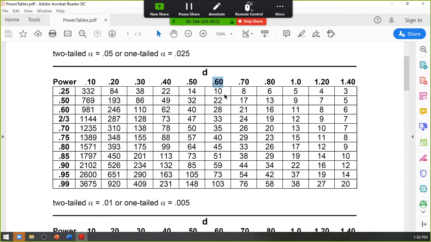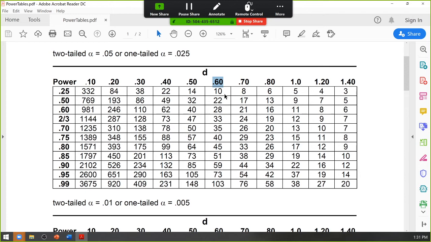Do you remember what I want my power to be? What is the universal number that everyone has agreed on that power should be? Just like type 1 error rate should be 0.05 forever and ever, amen. Power should be what? Do you remember? Eagerly looking at the chat window to see who's going to buzz in first.